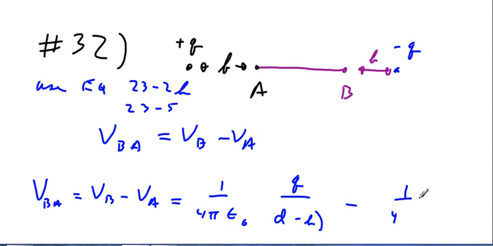All right, there we go. Minus 1 over 4 pi epsilon naught minus Q over b.